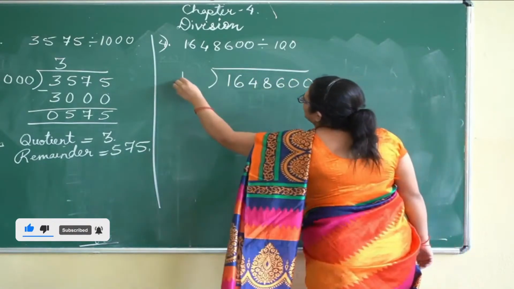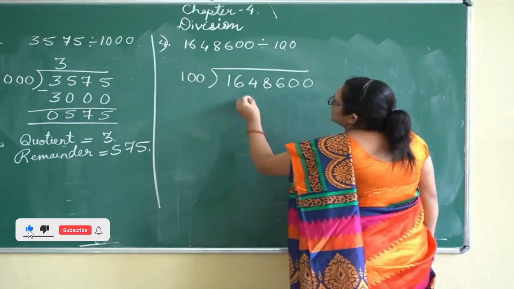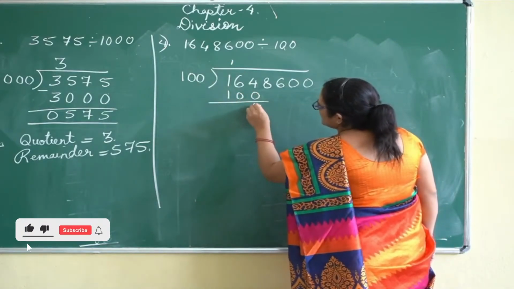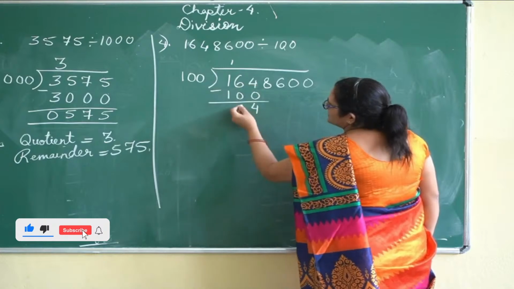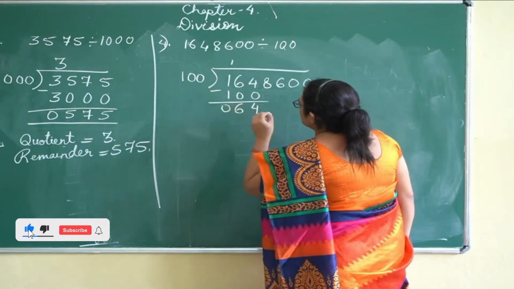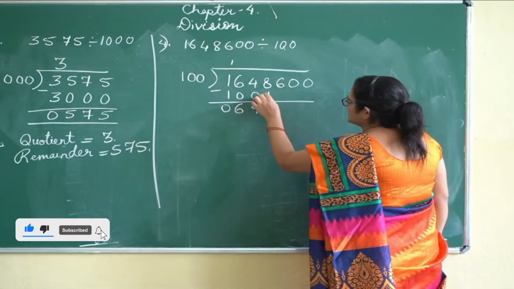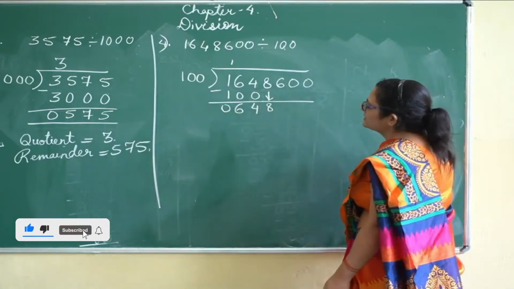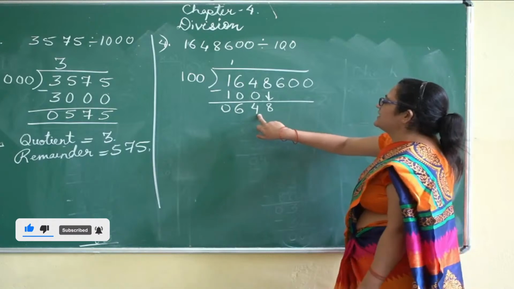16,48,600 divided by 100. 100 ones are 100. Minus: 4 minus 0 is 4, 6 minus 0 is 6, 1 minus 1 is 0. You bring the next number down, 8. Now what do you get? 648.